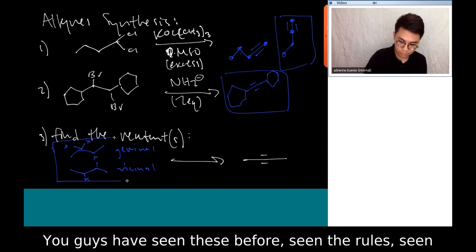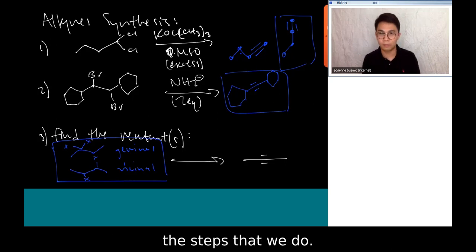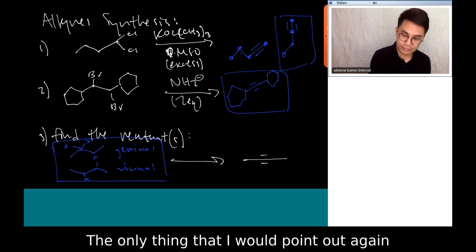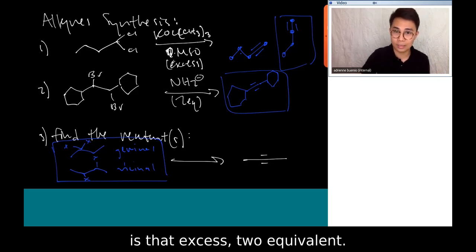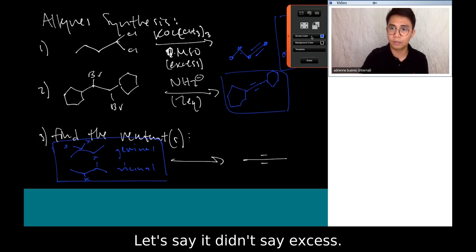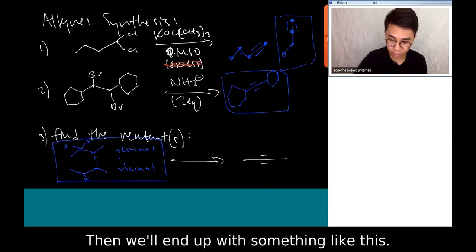You guys have seen these before, seen the rules and the steps that we do, and it's the same for any other reaction. The only thing I would point out again is excess versus equivalent. What happens if it didn't say excess? Then we'd end up with something like this.